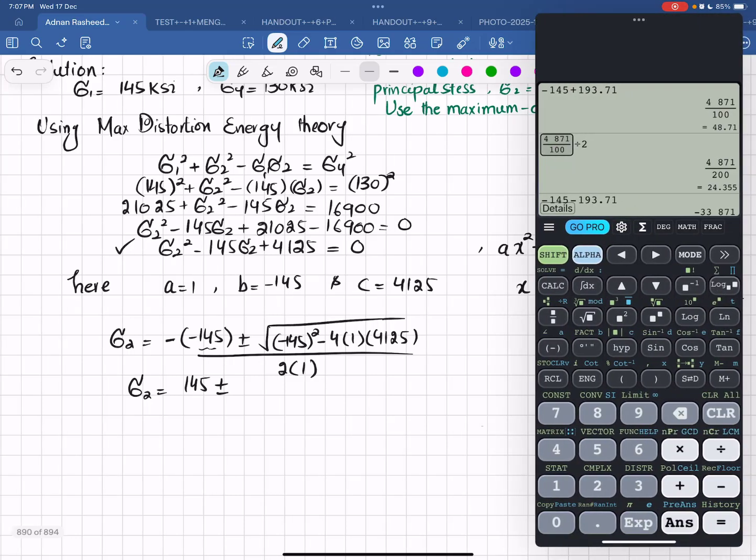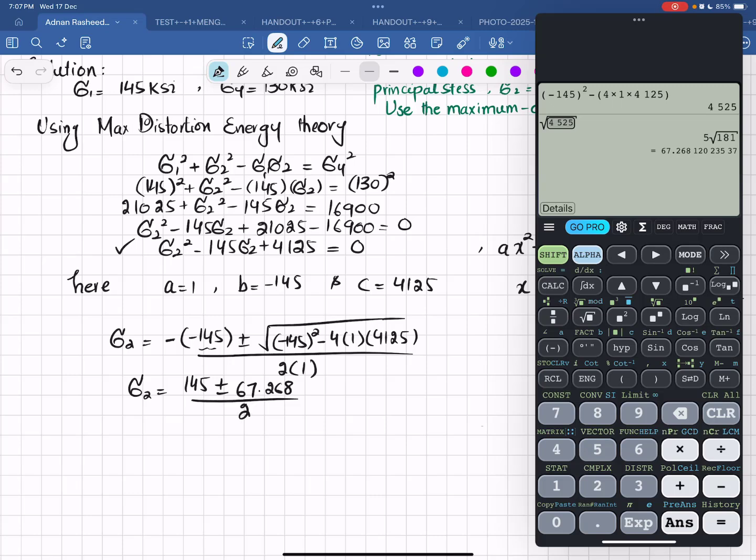Now we will calculate the value under the root, and we will take the square root of this, which is equal to 67.268, divided by 2.